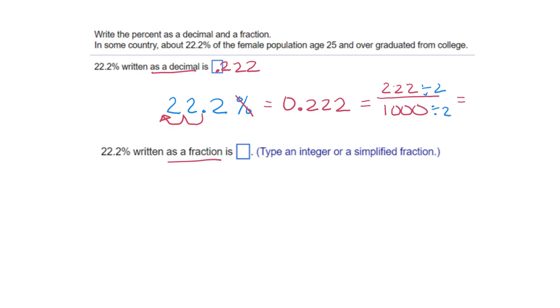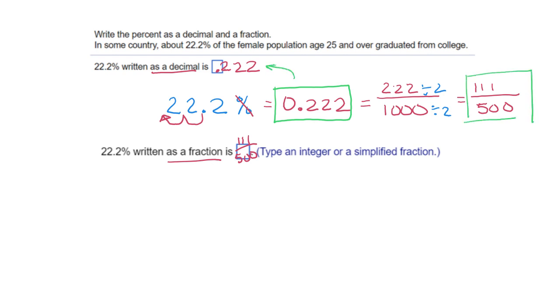Even though we like our calculator, try to do some of the simple math in your brain. All right, so this is 111 over 500, and that would be the answer for fraction form. So remember, first we went to decimal, and then we went to fraction form.